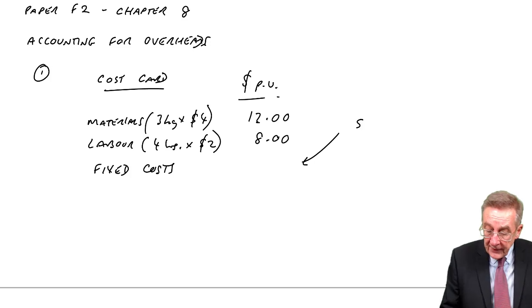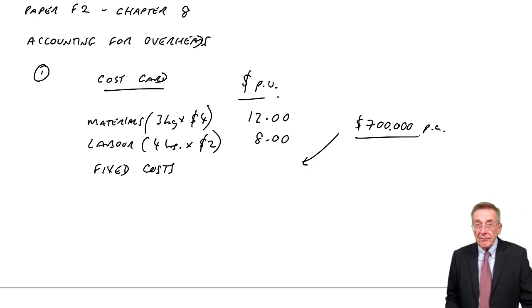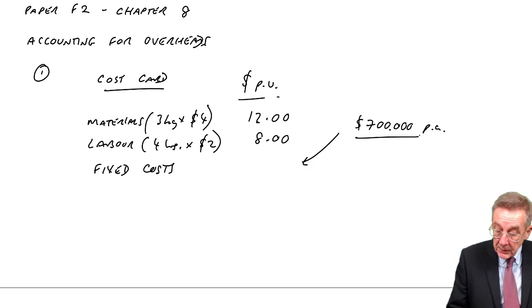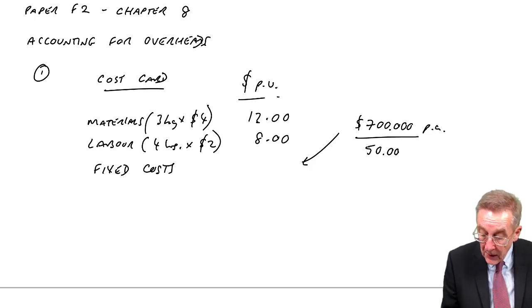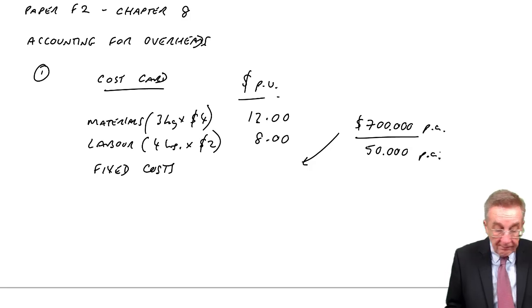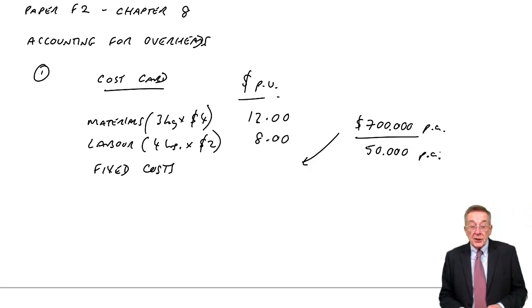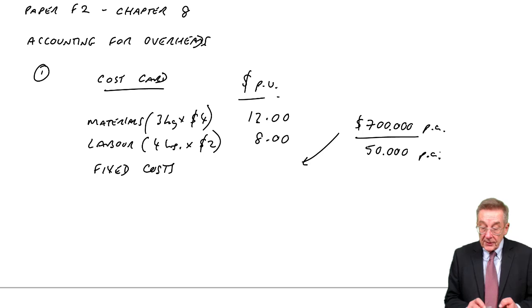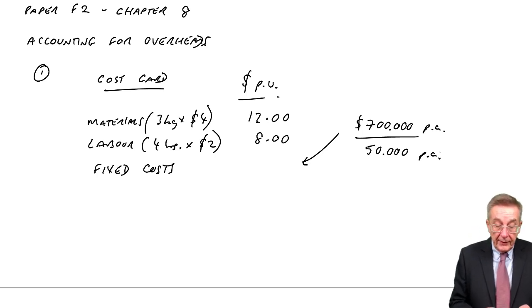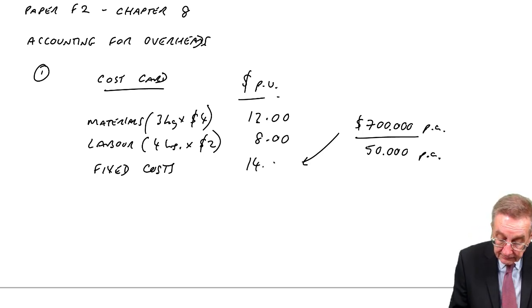The cost, 700,000 per annum, per year, that'll be the cost in order to produce 50,000 desks per year. And therefore, how much does each desk effectively cost? 700,000 over 50,000, it's 14.